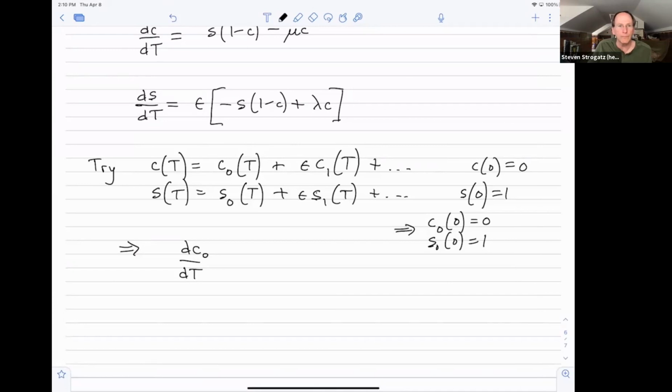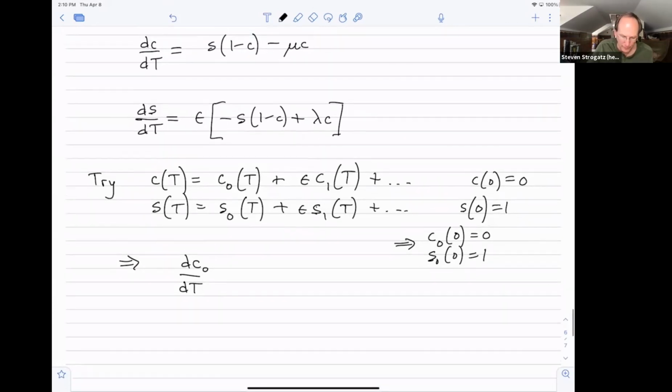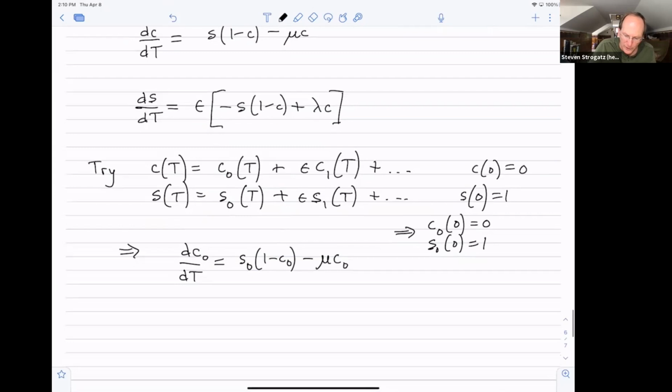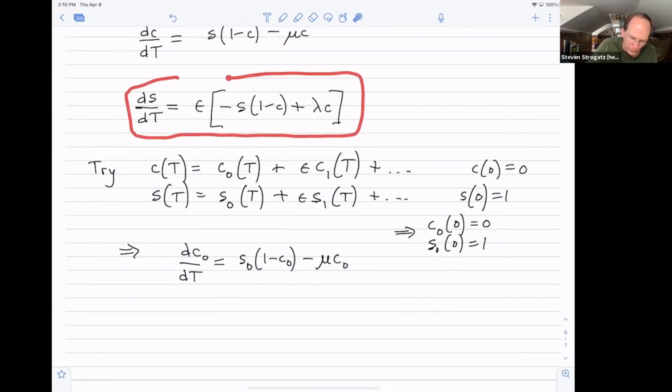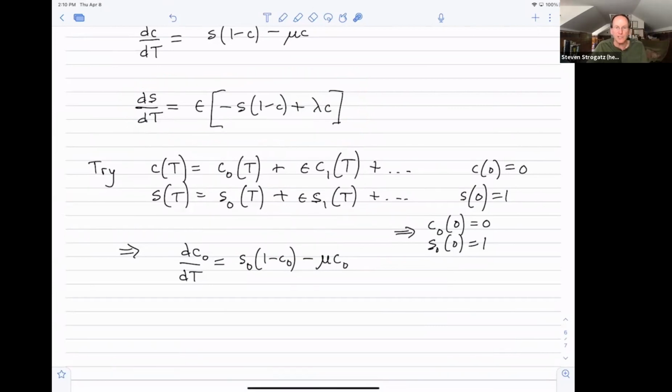Now, the lowest order perturbation equations are here. I'm copying from this. Taking it to lowest order, I would get S0 times 1 minus C0 minus mu C0. And the other equation, this is a nice one. What is this to order 1? The lowest order of this is ds by dt is 0.